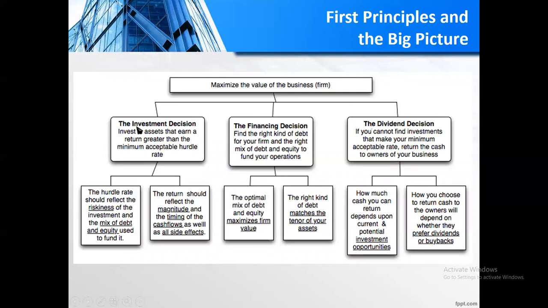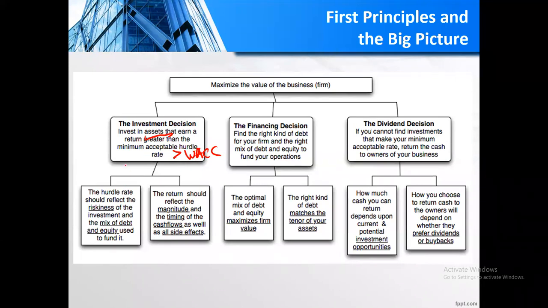The objective, whether it's investment, financing, or dividend, is to maximize the value of the firm. When we talk of the investing decision, again, guys, we want to invest in assets where the return should be greater than the weighted average cost of capital.